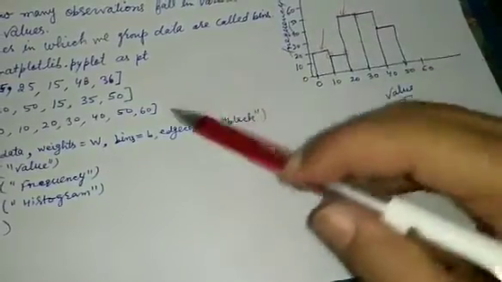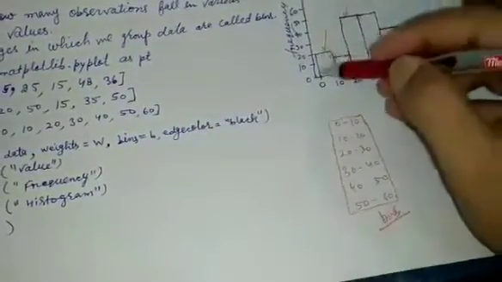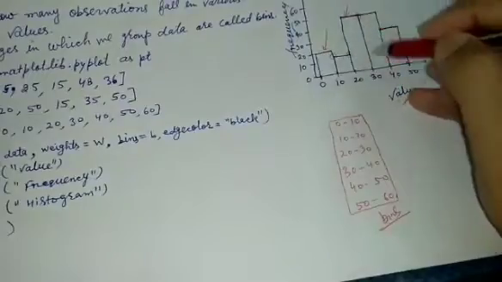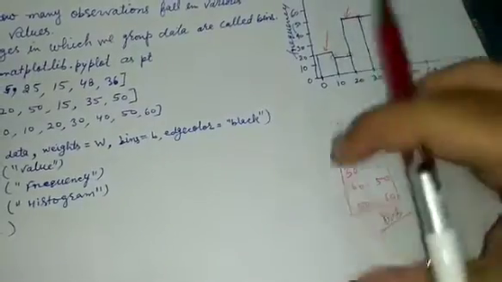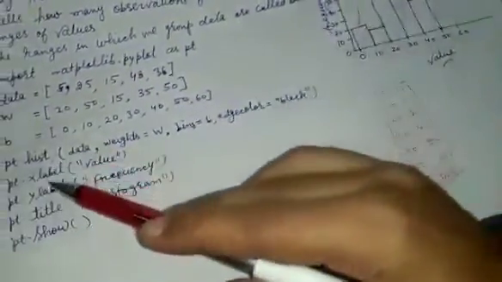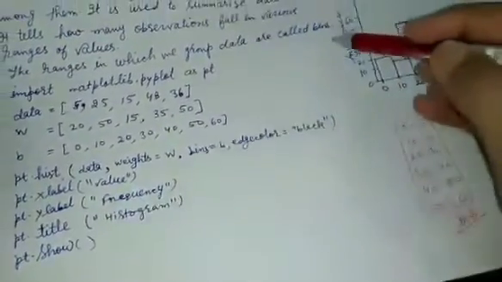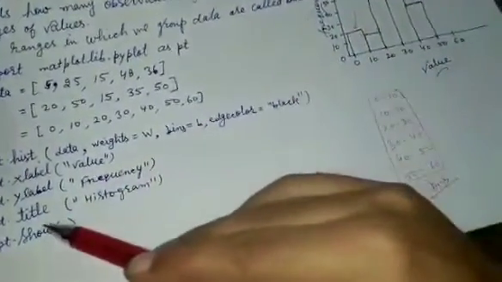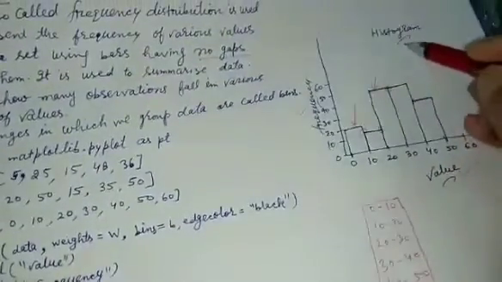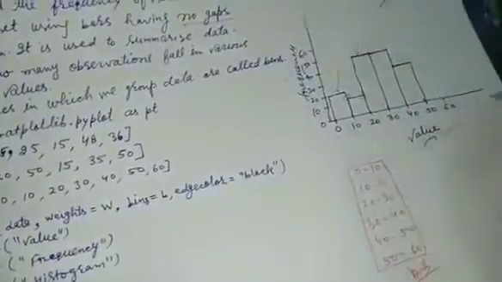Okay, edgecolor is black. This is the color you want to change. So this is in black color. xlabel value, ylabel frequency, and title is histogram. You can see over here. plt.show will draw this histogram.